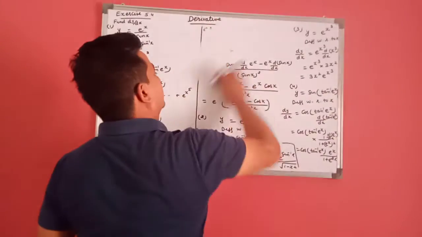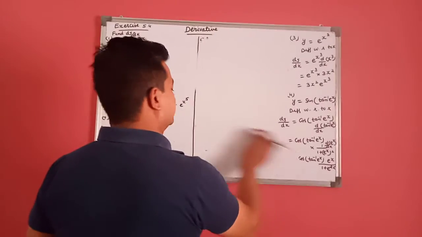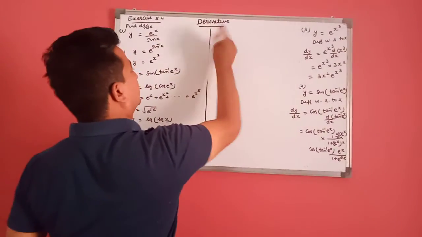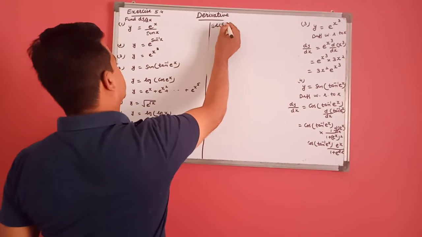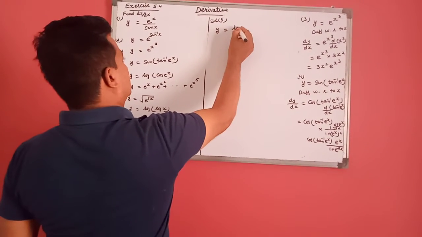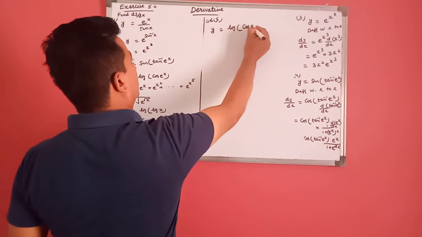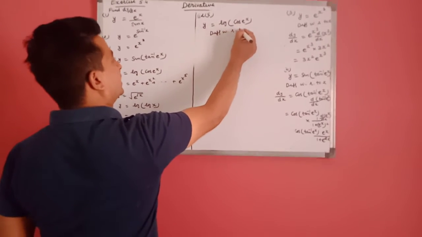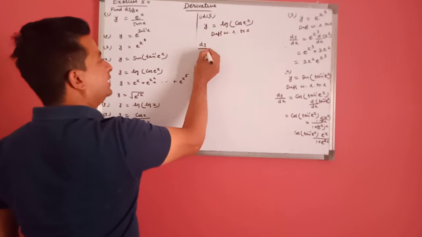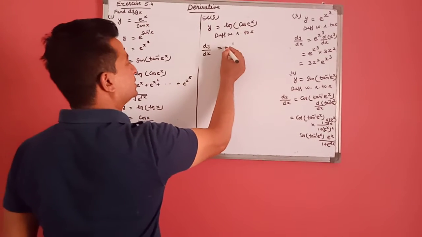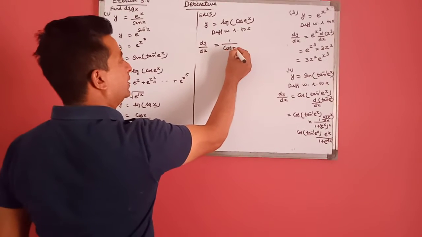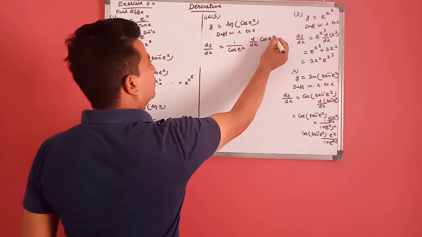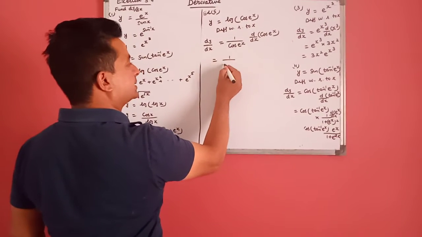In question number 5, the solution of question 5, y is equal to log of cos e to the power x. When we differentiate with respect to x, dy upon dx, differentiation of log is 1 upon cos e^x into differentiation of cos e to the power x.